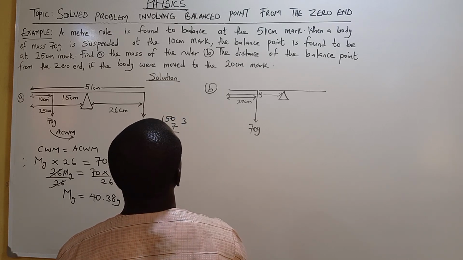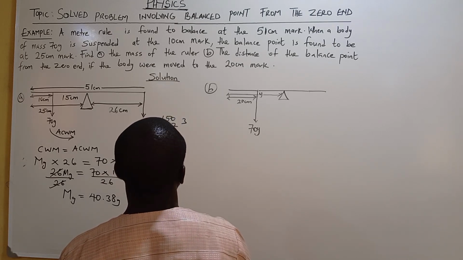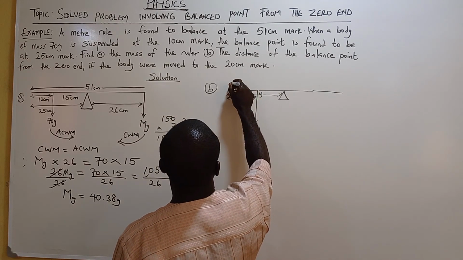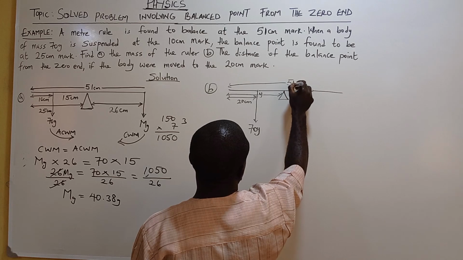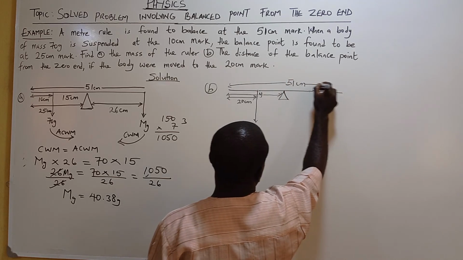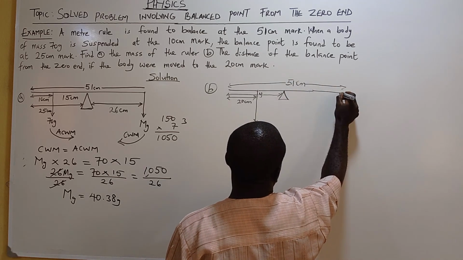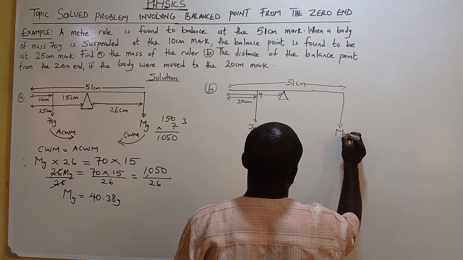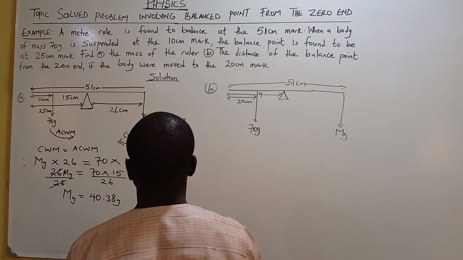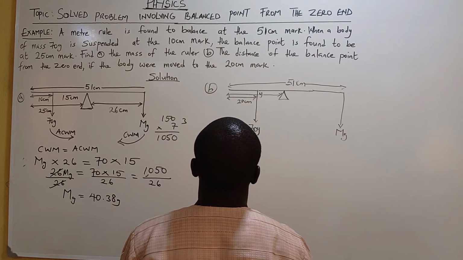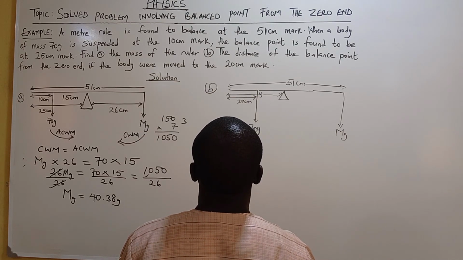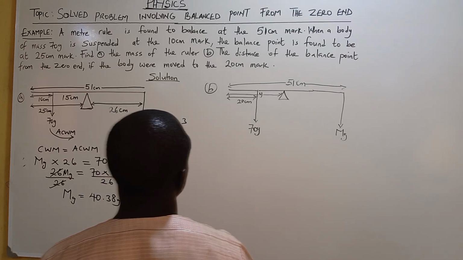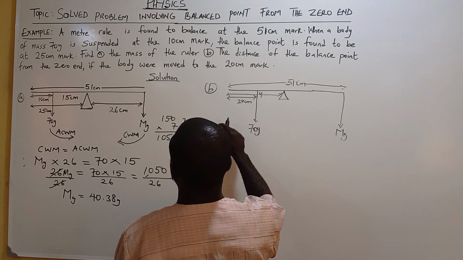He said, find the distance of the balance point from here to here. Don't forget that we have 51 formerly, 51 centimeter. mg, I already know our mg, which is 40.38. Now what we need to know is that the 25 centimeter has also been shifted.